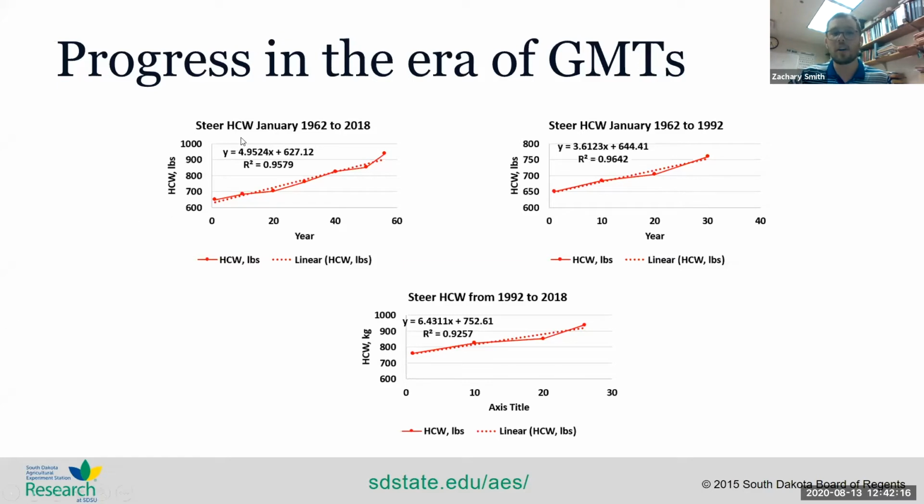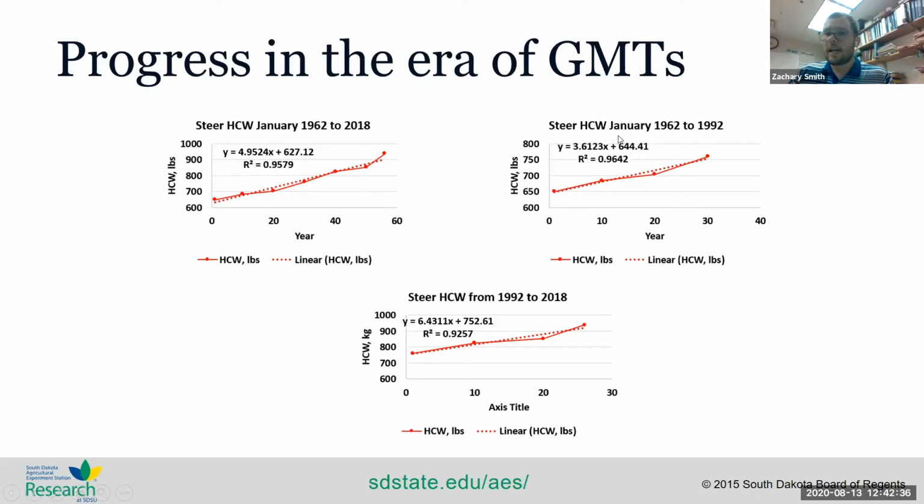But this is just carcass weight of steers from every January, every 10 years, plotted from 1962 to 2018. And the slope of the line right here is about 5. So every year we've increased carcass weight on steers by about 5 pounds.